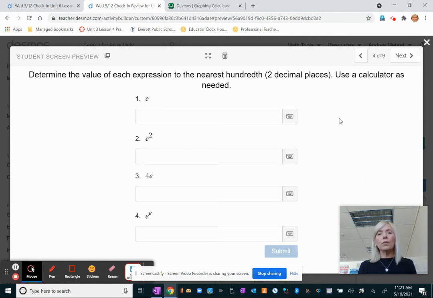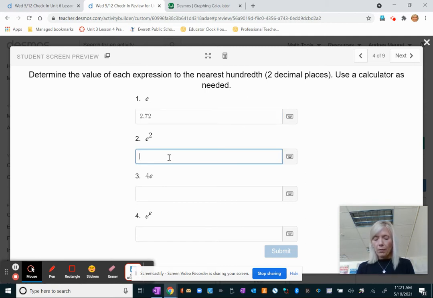You're going to find these values to the nearest hundredth, so 2 decimal places. So the first one is E, and we know that E is approximately 2.718. And so to 2 places, that would be 2.72, because the 8 would round the 1 up to a 2. The next one is E squared.